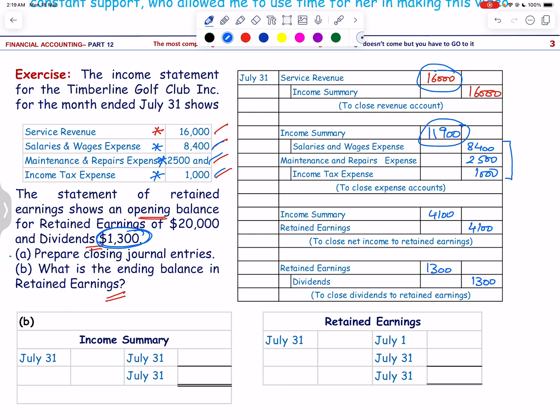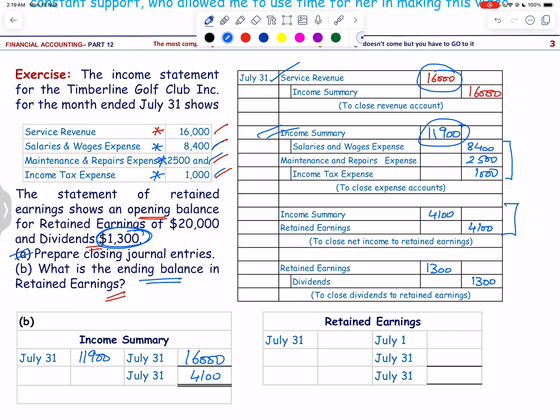Now for the income summary, we can see that it was credited by 16,000 for service revenue and debited for expenses by 11,900. So the net income was 4,100. That is what we have recorded over here. For the retained earnings on July 1st, the beginning balance is 20,000.